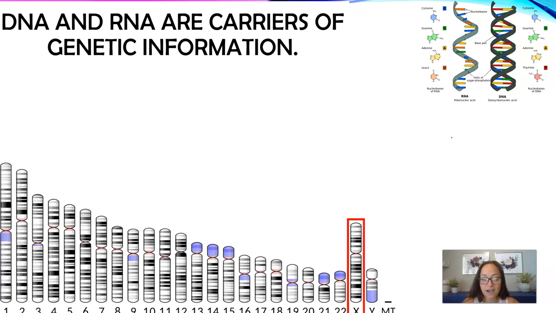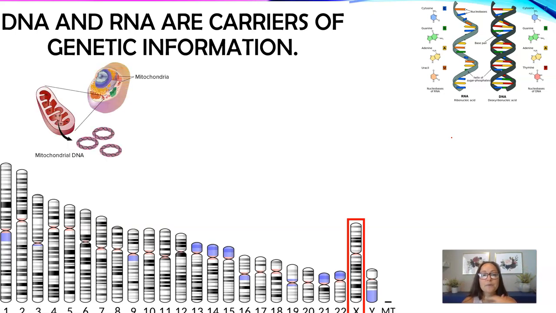Our chromosomes carry genetic information from one generation to the next. But we also have plasmids, in our mitochondria, or if we're a plant, chloroplasts that have plasmids. So that genetic information, DNA, can be passed from mothers to their offspring.